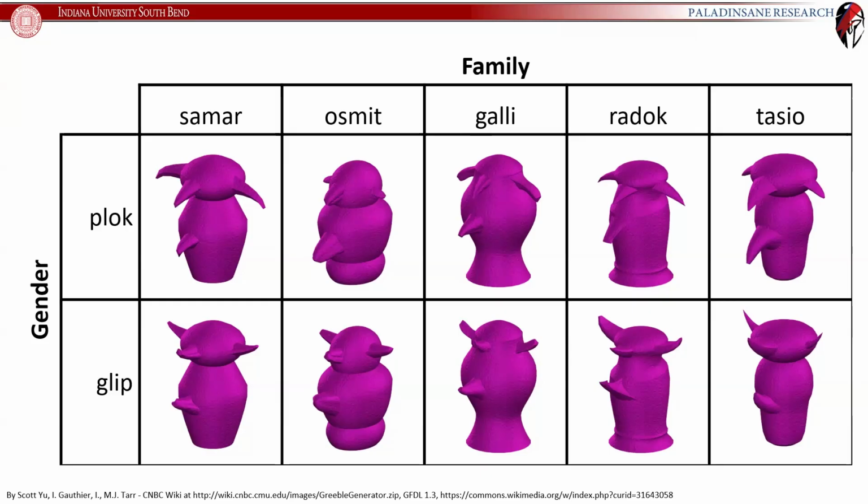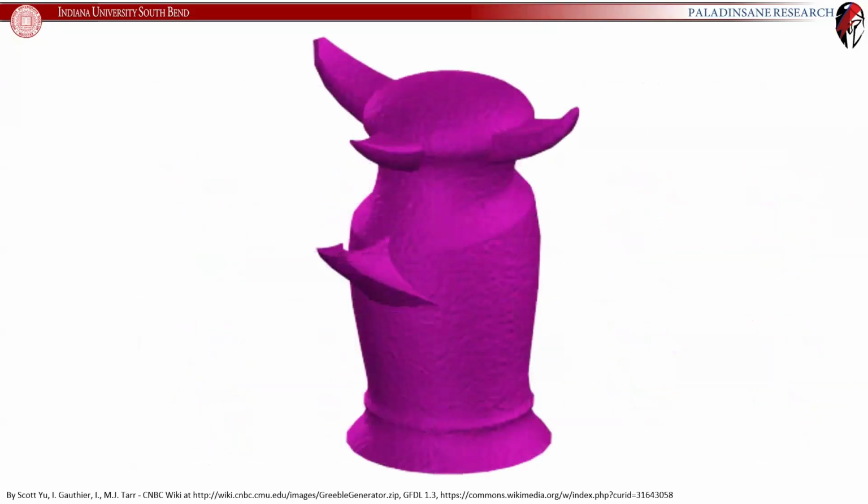And it would be up to the participant to become an expert by seeing if they can learn how to identify these greebles. So no joke, this is what a typical experiment trial would consist of. They would show you this and they would say, all right, what's that greeble? And you think to yourself, okay, that's a glip Tasio.